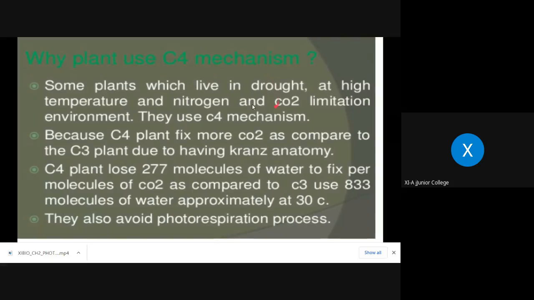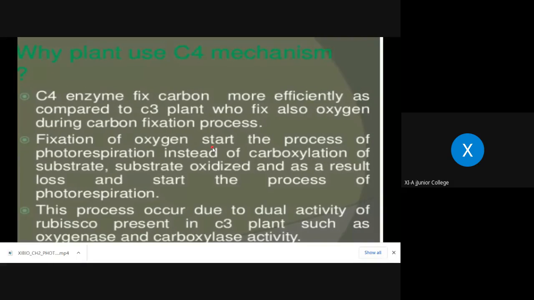These C4 plants fix more CO2 as compared to C3 plants because of their special anatomical features, which is called Kranz anatomy. And to avoid photorespiration, these plants play a very important role. C4 enzymes fix carbon more efficiently as compared to C3 plants, which also fix oxygen during the carbon fixation process.